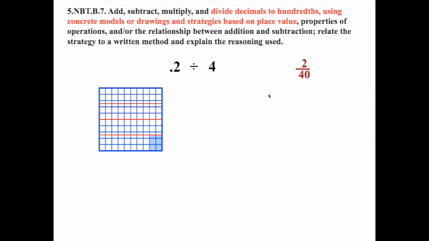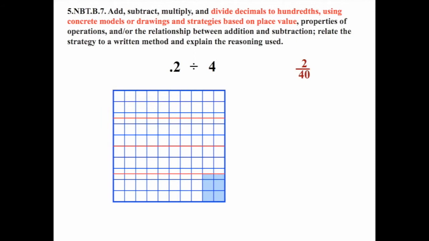So what we need to do here is subdivide this into 100 parts. But it's hard to tell here, and the problem is that these red lines represent division into 4 equal parts, which doesn't exactly coincide with dividing it into 100 equal parts. So let's blow this up a little bit so we can see better. Here's what we have. Each one of these is 1/100th, so we have 4 of those.